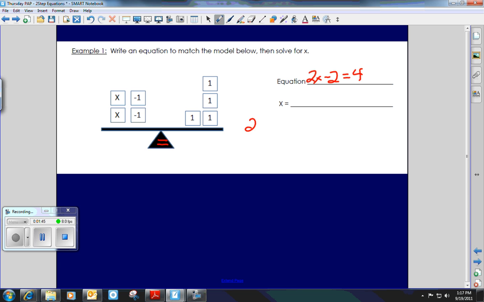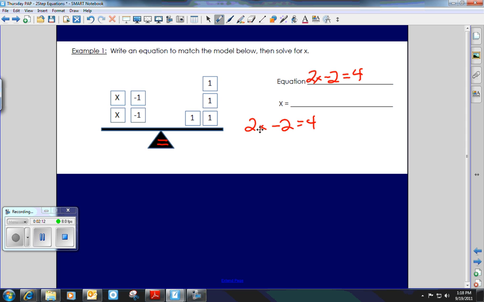To solve this, the first thing I'm going to do is look and see which side of the equation my variable is on. It is on the left, so I'm going to work with the numbers on the left side of my equation. I'm going to leave the 4 alone for now. The first thing I'm going to do kind of goes against our order of operations, but I'm going to look at if anything is being added or subtracted with x first.